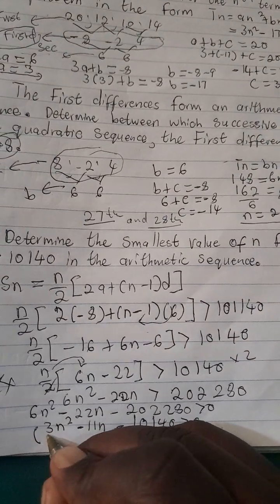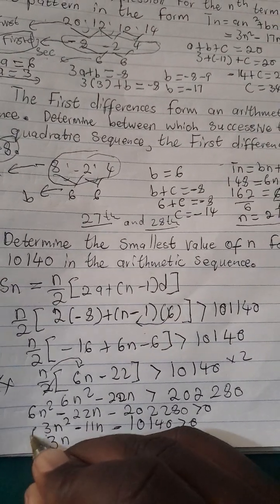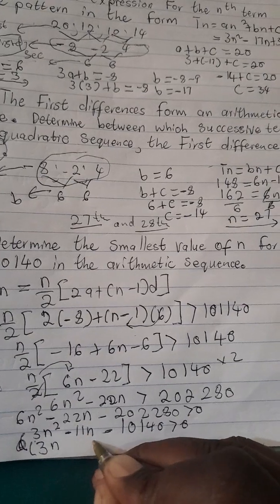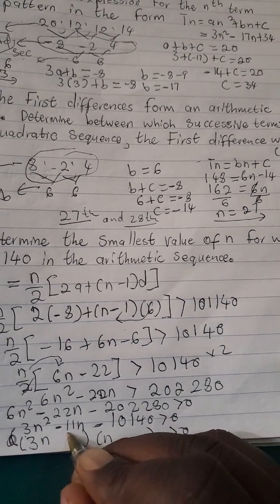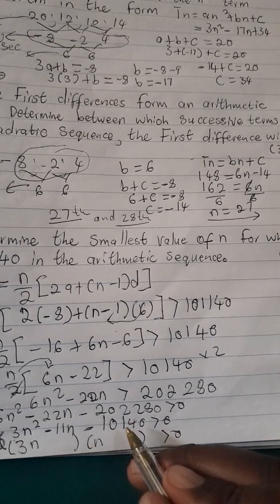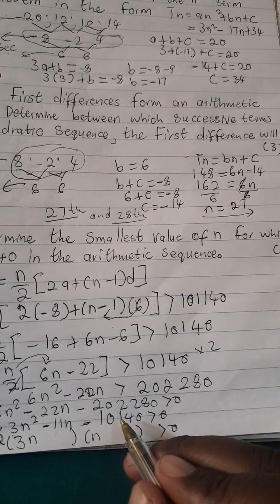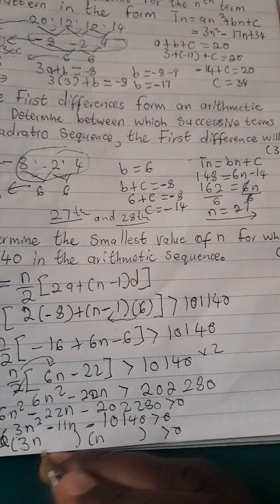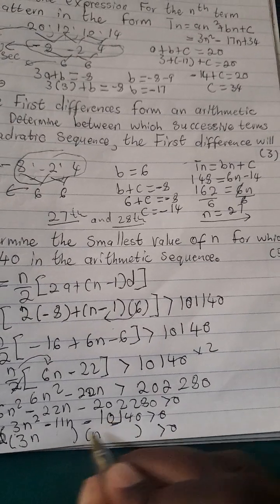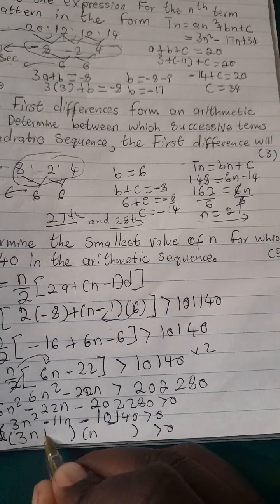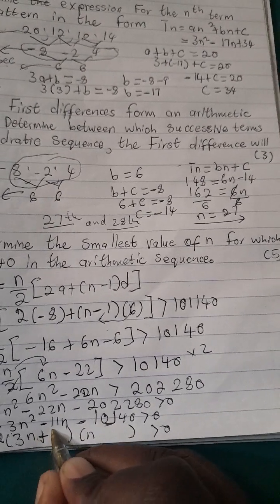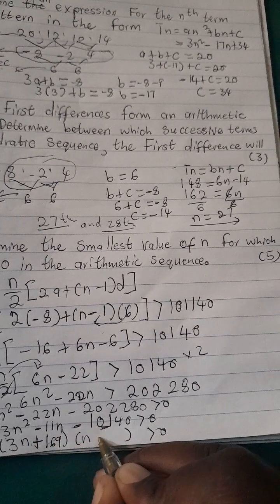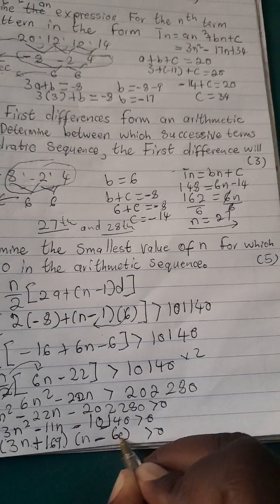The factors of this will be 3n and n, greater than 0. The factors that will satisfy this are definitely 169 and 60, so that we can satisfy everything here. Remember, since the sign is negative, the signs will be different. So this will be plus 169 and this will be minus 60.